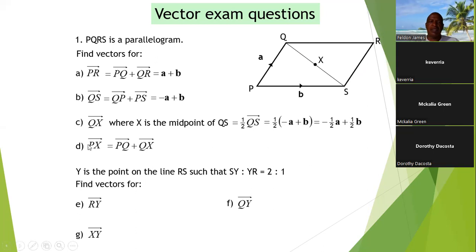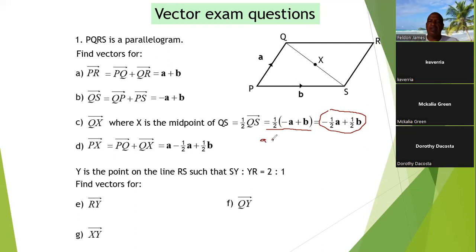All right, so PX now would be half from P to X. This is from here to here. So you would have A plus half A plus half B, which is the same as this. Instead of removing the brackets, you could just keep it like this and add A to that.